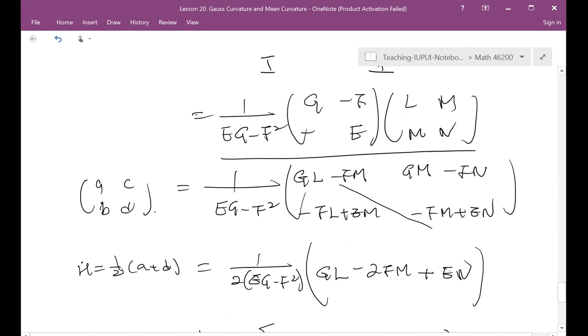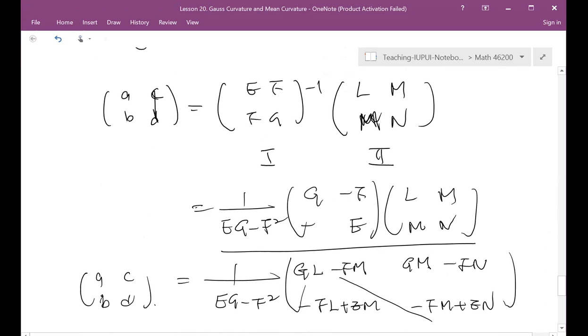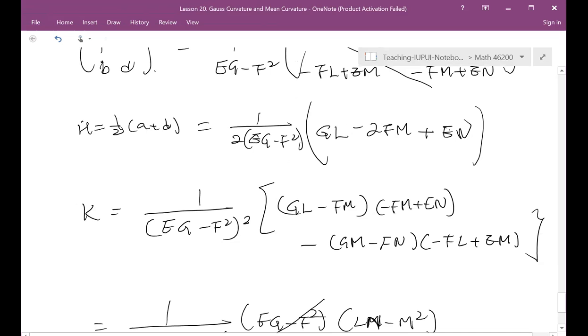Gauss's contribution actually is the main contribution here. That is why it's called Gauss curvature.